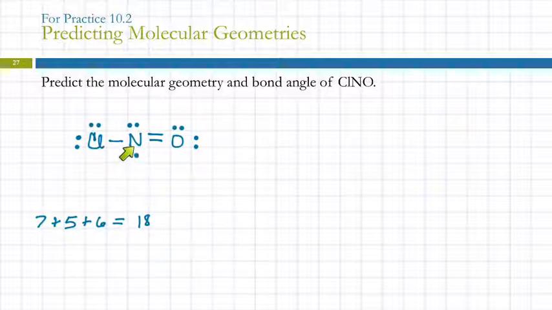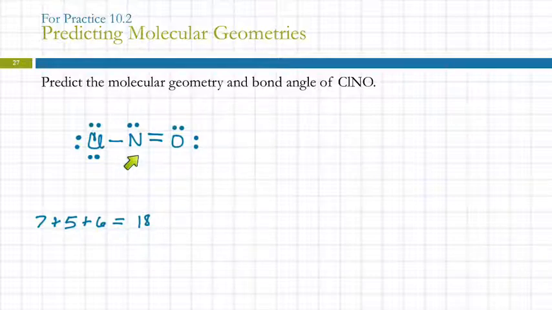The nitrogen has too many, and the chlorine doesn't have enough. But we don't need to make multiple bonds. We just need to move one of these lone pairs. Same number of electrons. Chlorine has 1 bond, an octet. Nitrogen has 3 bonds and an octet. Oxygen has 2 bonds and an octet. There's our Lewis structure.